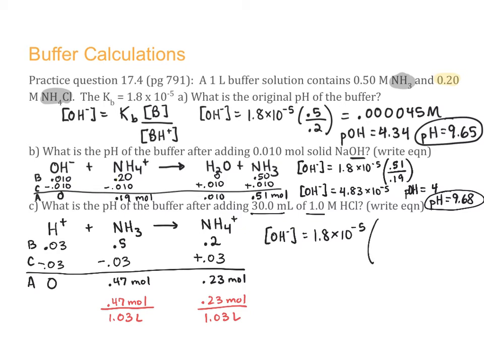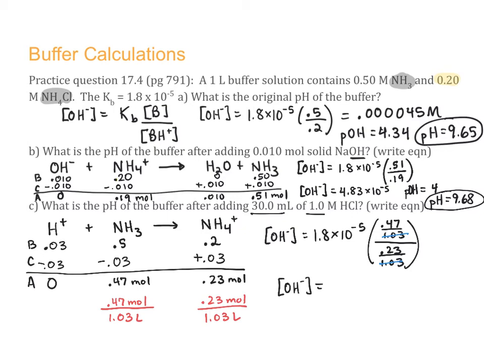And actually, if you look here, we realize we didn't have to calculate the concentration, because if we take the base concentration, which is 0.47 divided by 1.03, and the acid 0.23 divided by 1.03, the volume cancels out. But it's good to think of that step because sometimes that will matter.